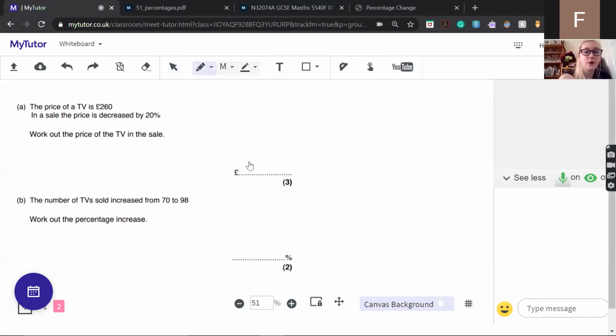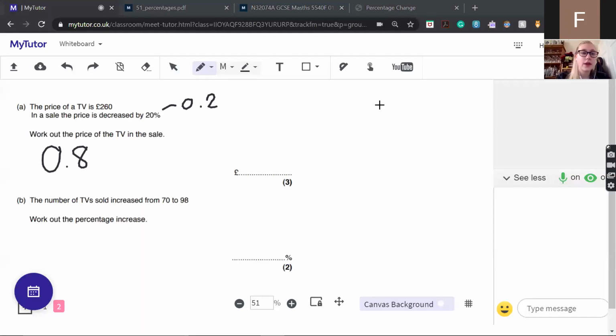So what we're going to do is work out our multiplier. Hopefully you can see that our multiplier for 20% is 0.2. Because we're doing a percentage decrease, we want to use 0.8, right? 0.2 less than 1. And then we multiply that by our 260.